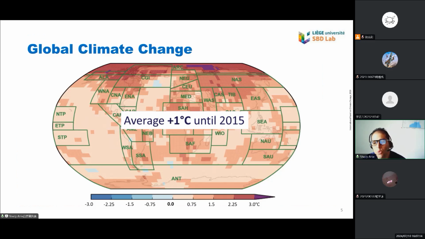And if we quantify it from a scientific point of view, we can say that we already reached the +1 degree Celsius in 2015, and most probably we already hit the 1.5 degrees Celsius maybe this year, if I am not mistaken. This means that it's not only 1 degree that has been increasing, but we are talking here about the average. And average means that in some areas, the temperature rise is much higher.